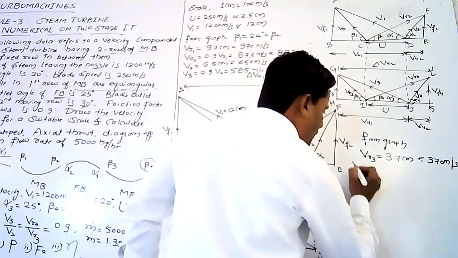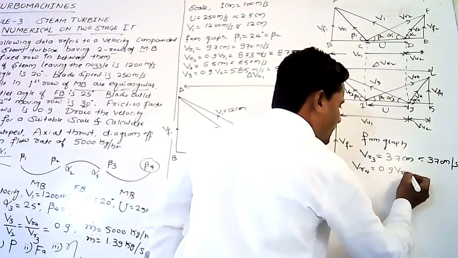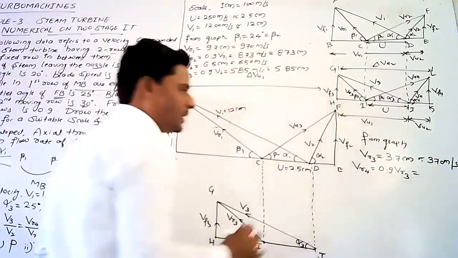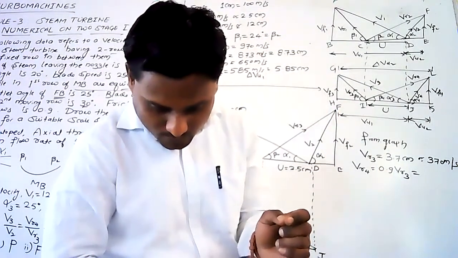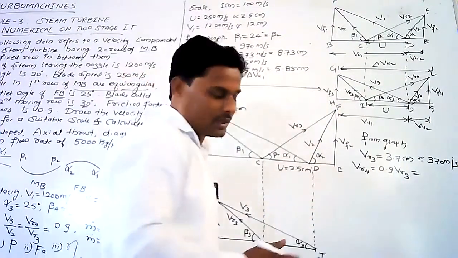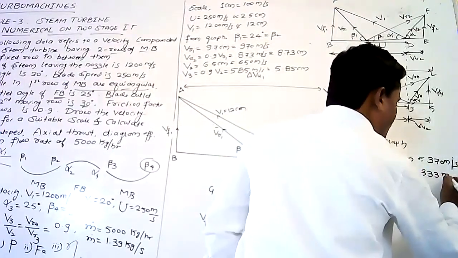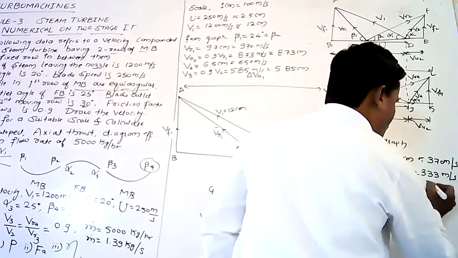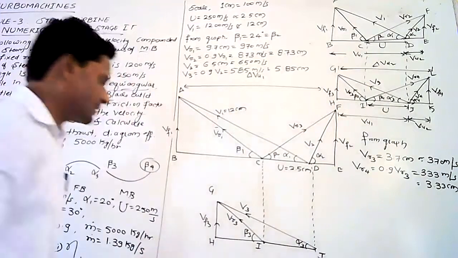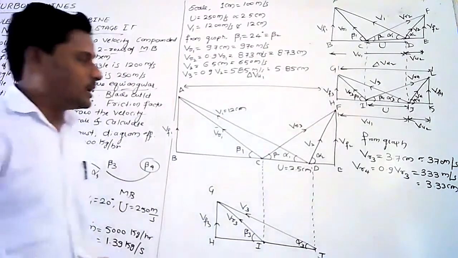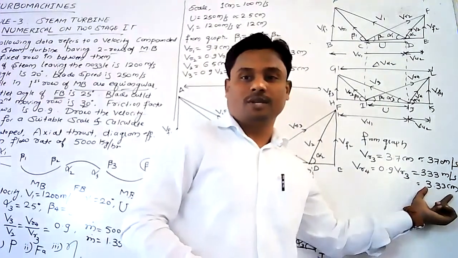Just calculate VR4 equals 0.9 times VR3. Multiply 0.9 into 370, that is 333 meters per second, or 3.33 centimeters. Students, you got the magnitude of VR4, that is 3.33.